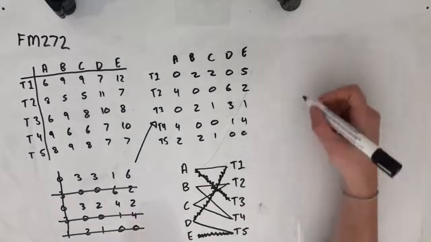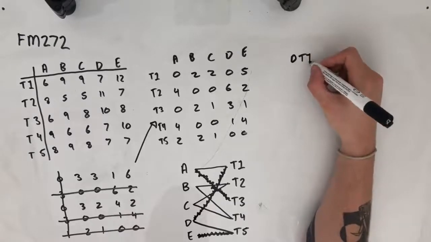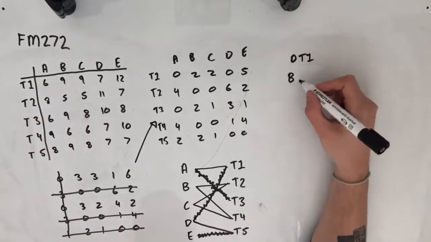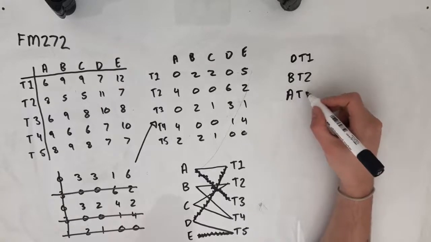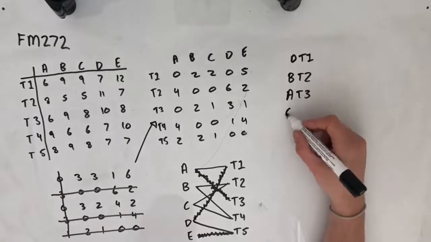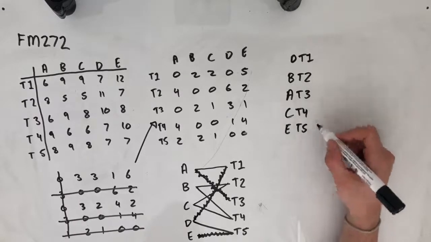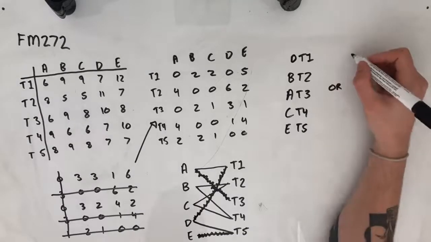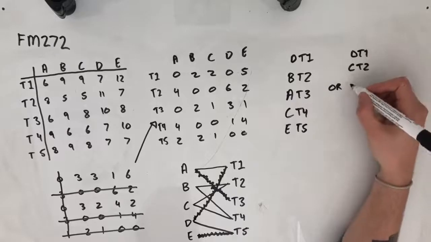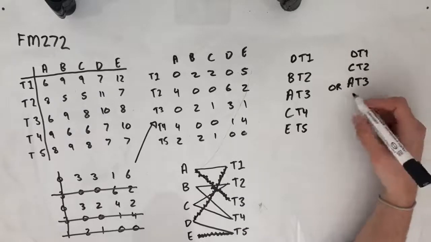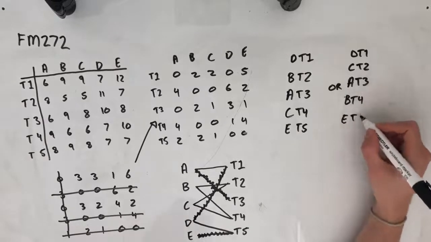So our possible allocations are D with T1, B with T2, A with T3, C with T4, and E with T5, or D with T1, C with T2, A with T3, B with T4, and E with T5.